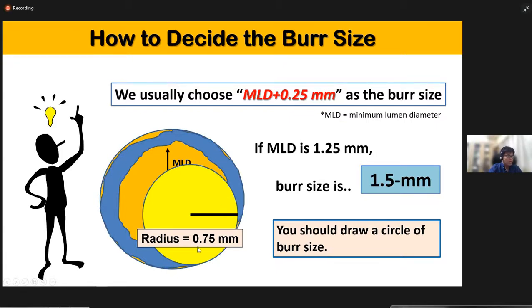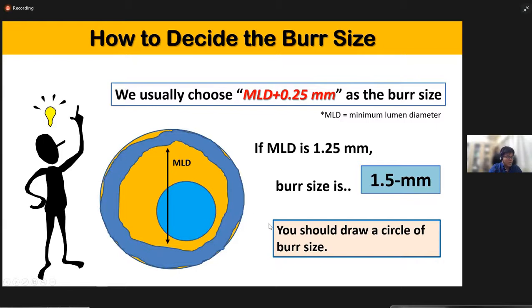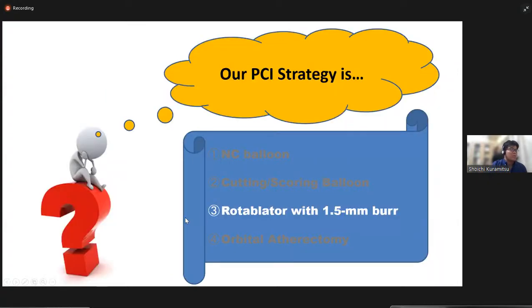And wire bias is a key point to safely perform rotablator, and you can estimate the wire bias by assessing the location of the IVUS catheter. So our strategy is rotablator with a 1.5 millimeter burr in this case.